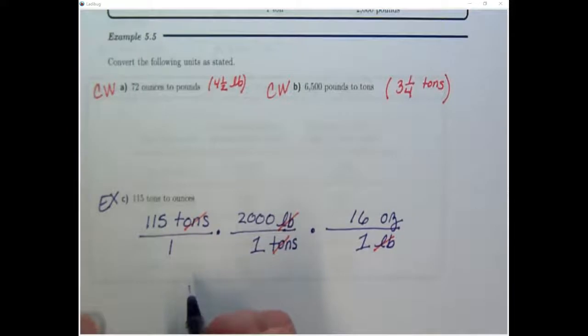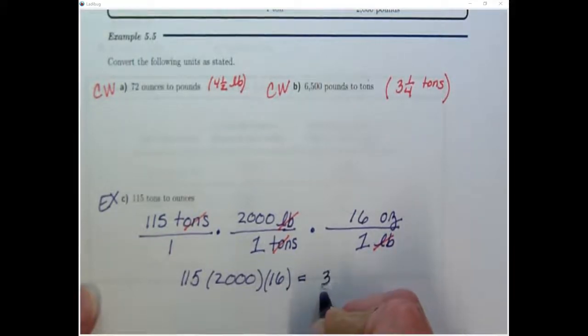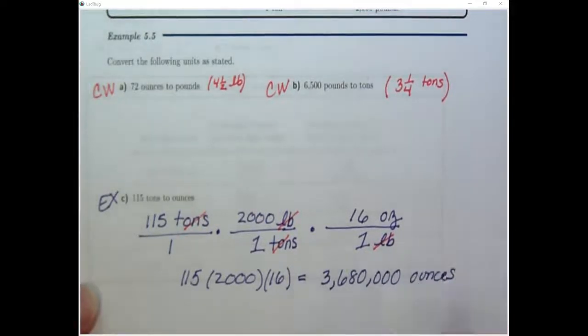And we end up with the 115 times the 2,000 times 16. And that will equal 3,680,000 ounces. Quite a bit.